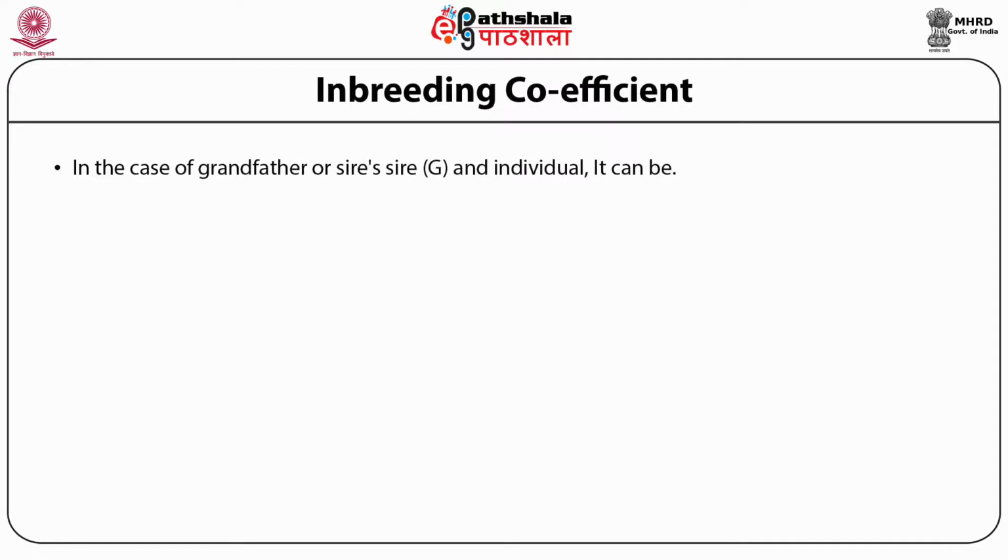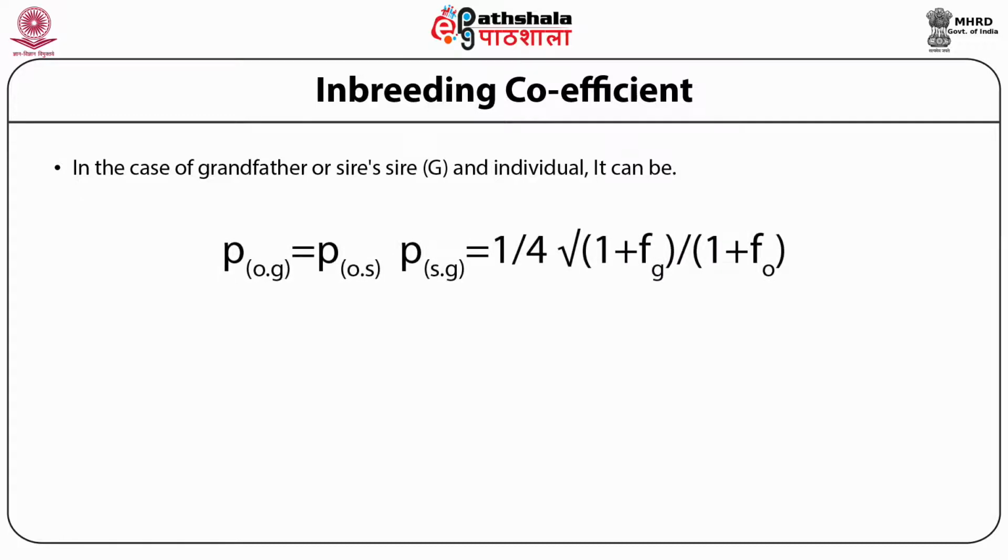In the case of grandfather or sire and individual, it can be POG = POS, PSG = 1/4 √((1 + FG)/(1 + FO)).